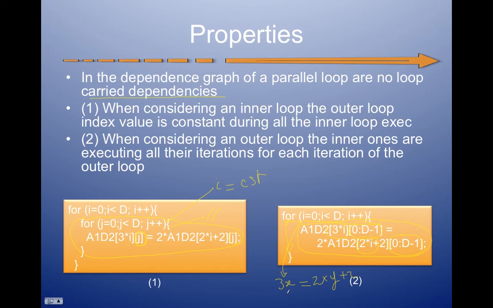If I take x equal 4 and y equal 5, this gives me 12, and this gives me 12. So I have a loop carried dependency between iterations of i. Therefore this loop is not parallel.